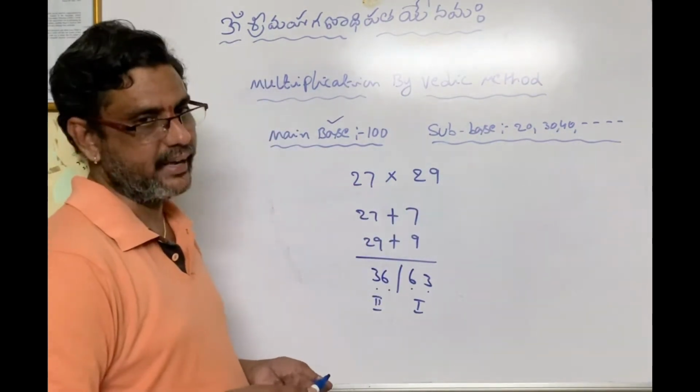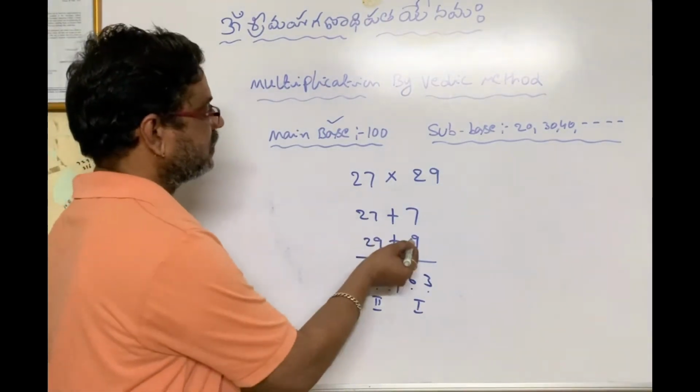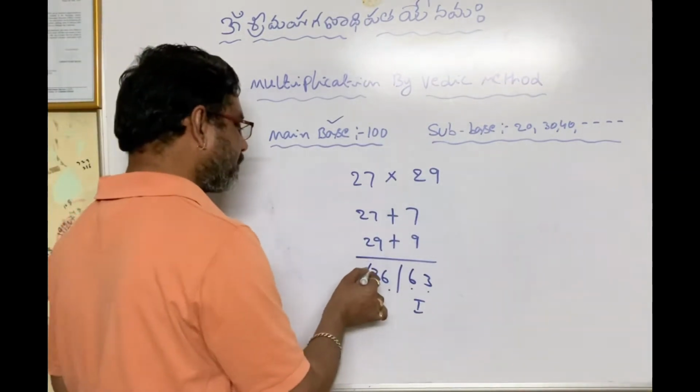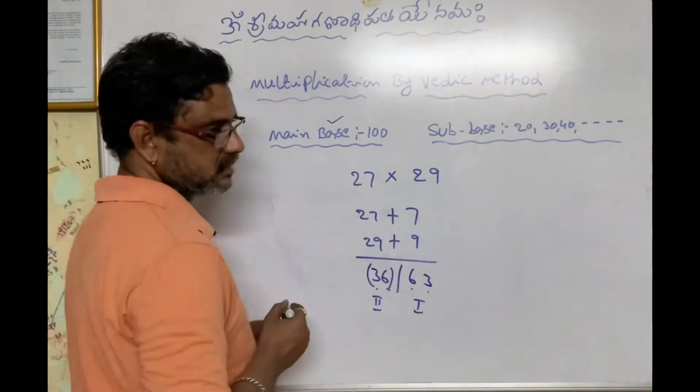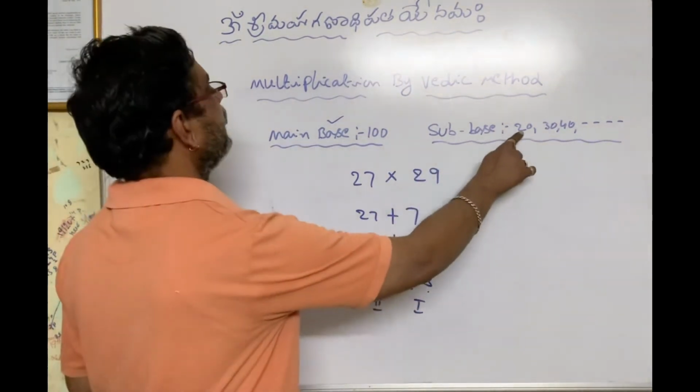You can add either cross, that is your wish. Now multiply this second part of the answer with 20 by 100.